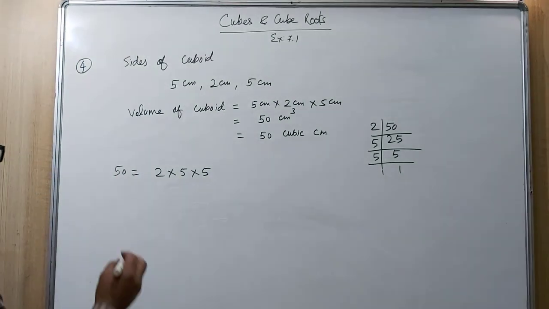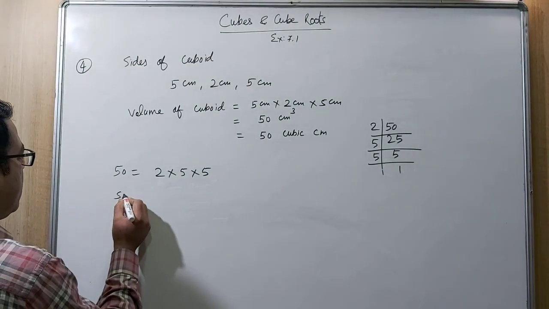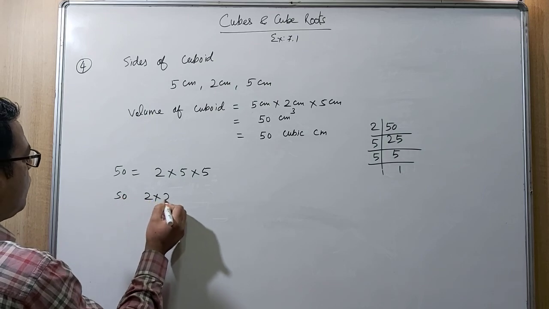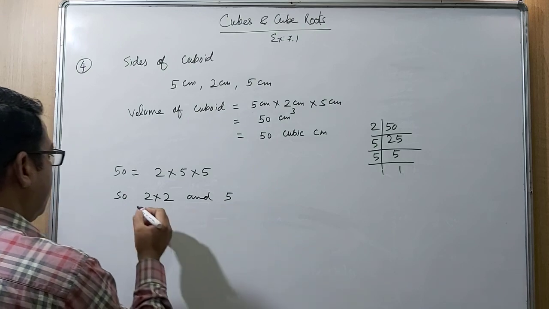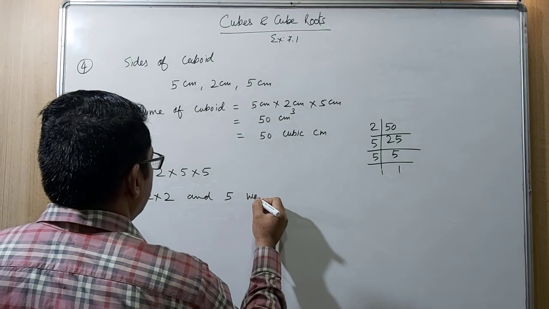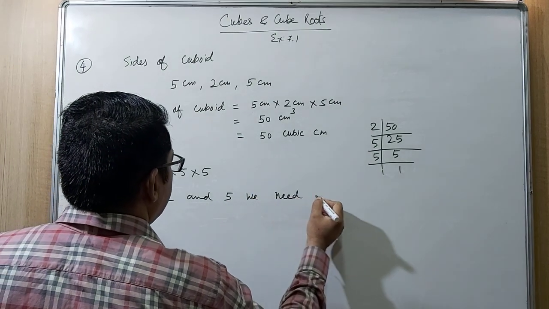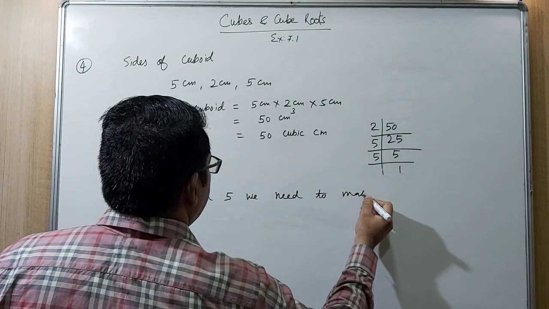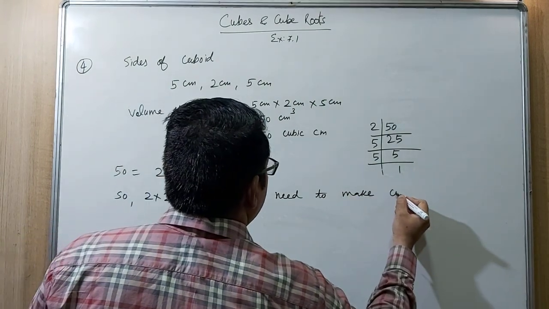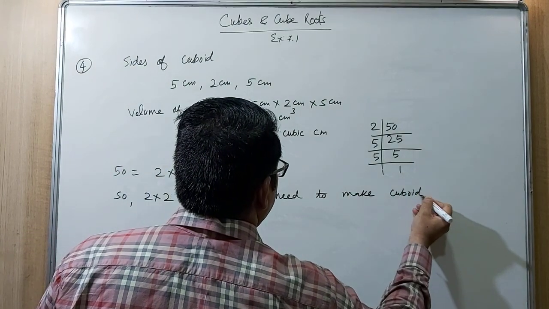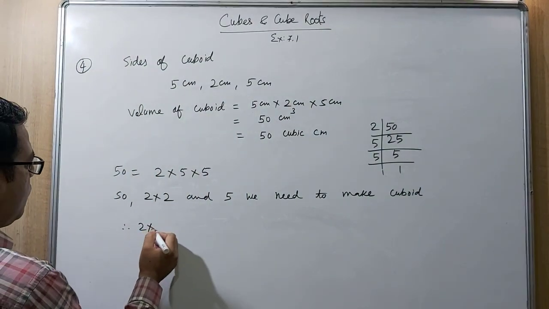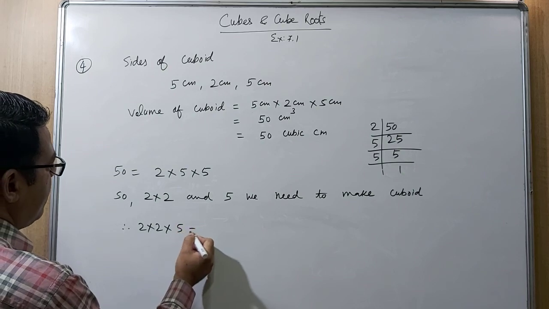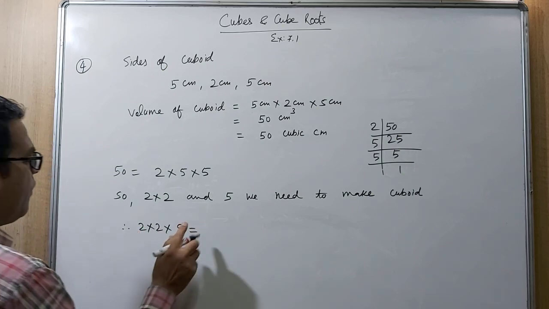It means 2 into 2 and 5 we need to make a cuboid. So 2 into 2 into 5 means 2 2s are 4, 4 5s are 20.